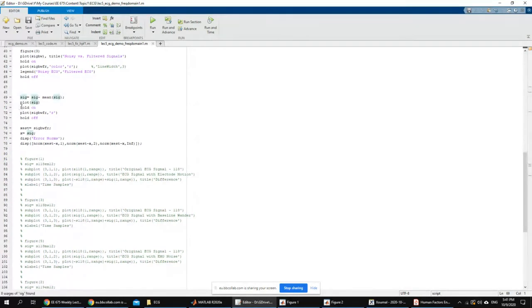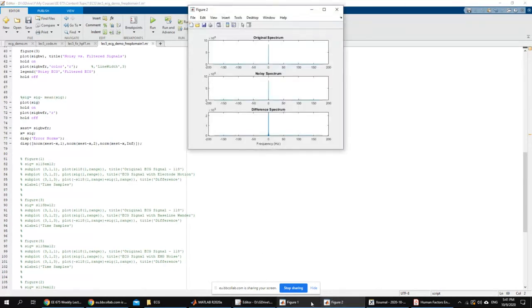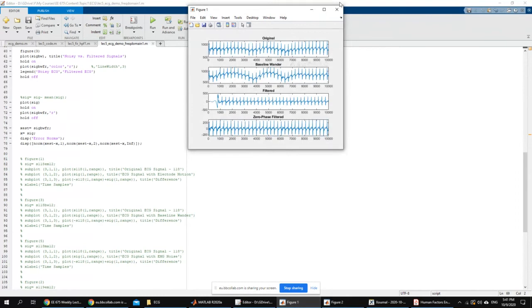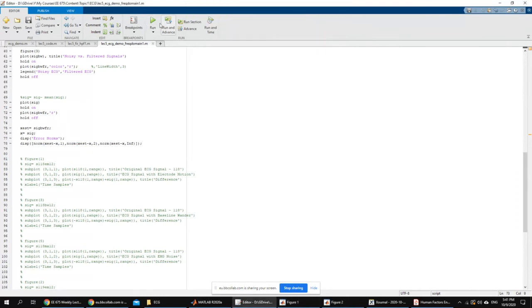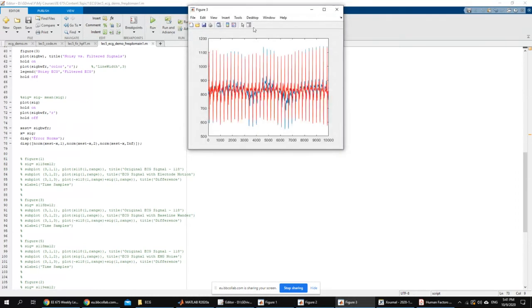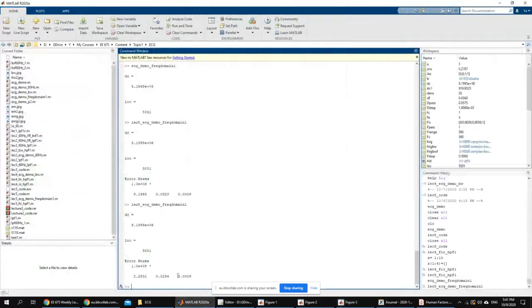Okay, let's try it this way. Okay, looks like this. And you have the errors computed here also, exactly like the first one.